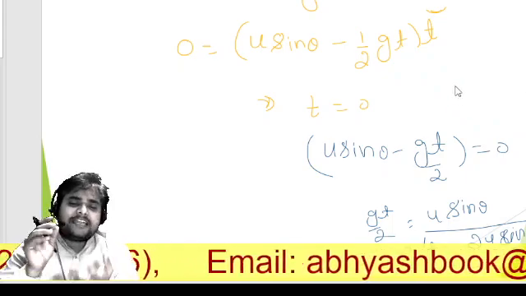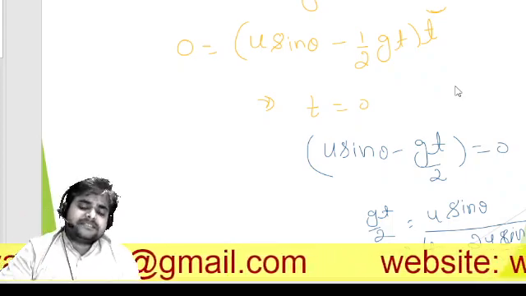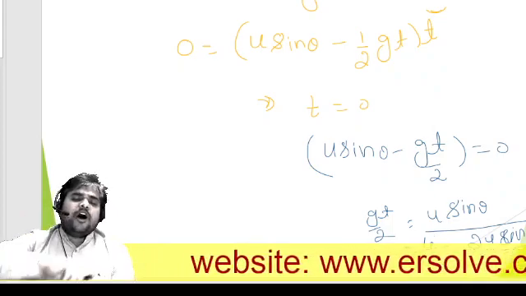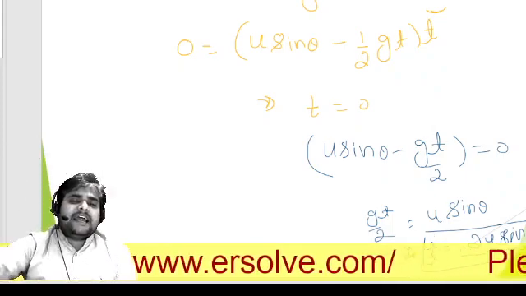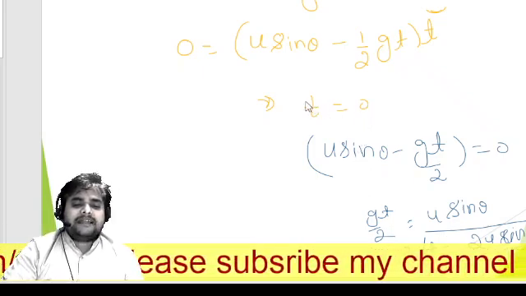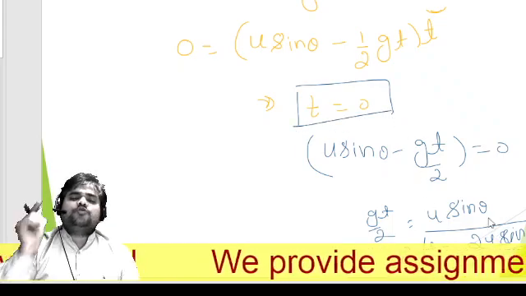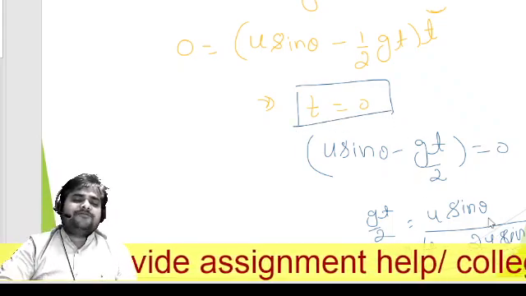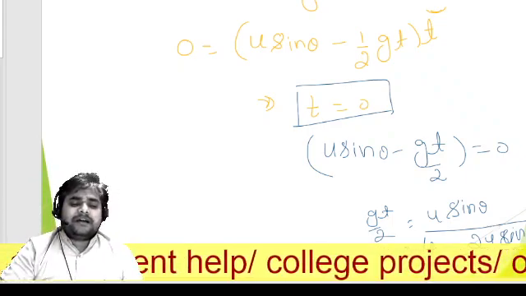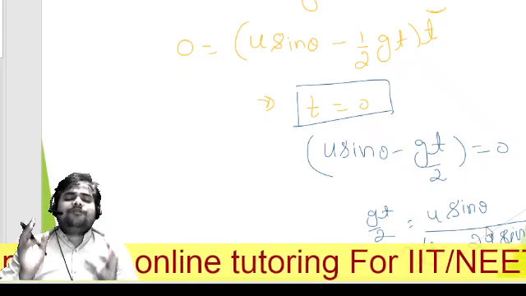Because at t equal to 0, the object was at the ground, and after the second t time interval, the object will again land on the ground. It means at t equal to 0, the object was on the ground, and after t equal to 2u sin theta upon g, the object again will be on the ground. So this is called the time of flight of the object.